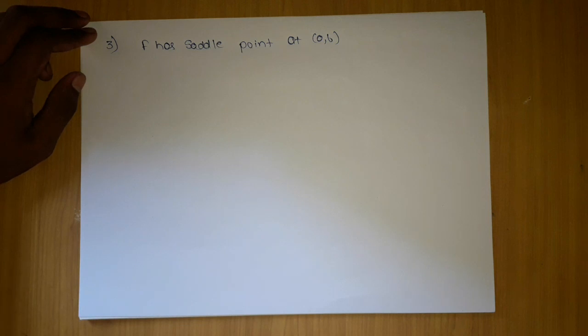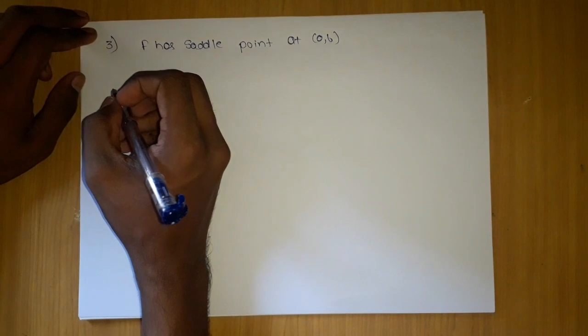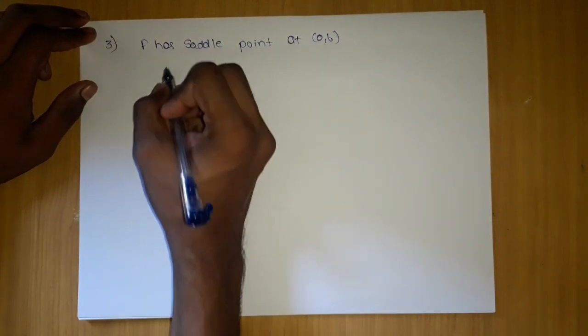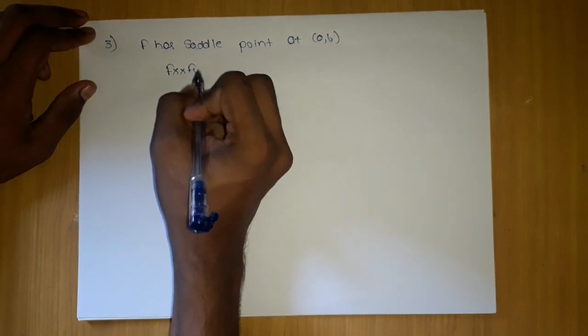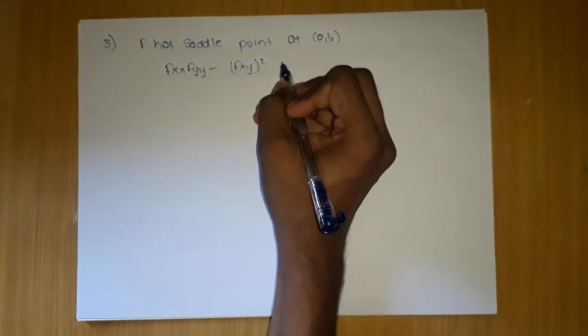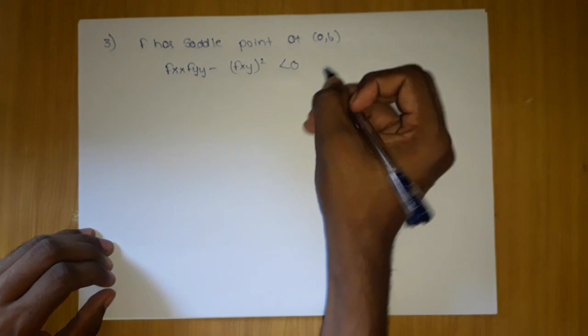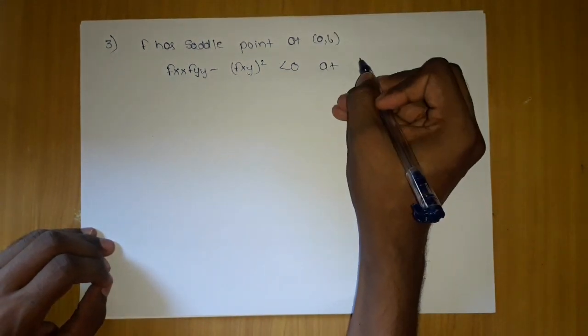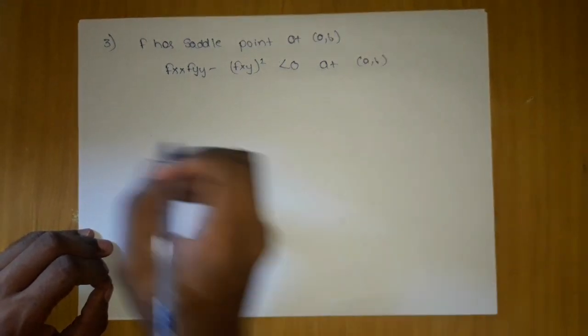We will analyze the second part, which is f double x into f double y minus f xy the whole square, whether it is less than 0, greater than 0, or what the condition is. So in this case we will just check whether f double x into f double y minus f xy the whole square is less than 0. If this condition occurs, then directly you will say at (a, b) it is a saddle point.